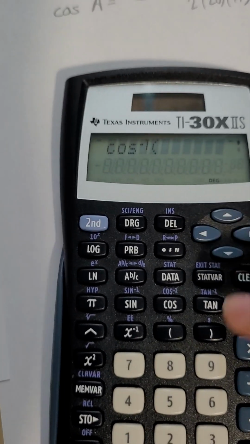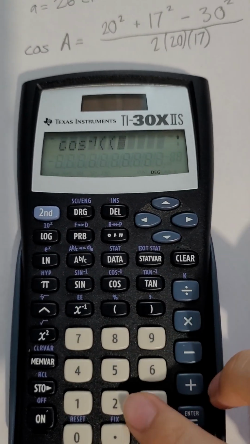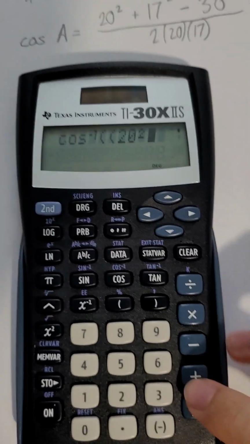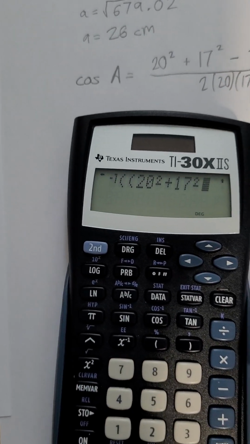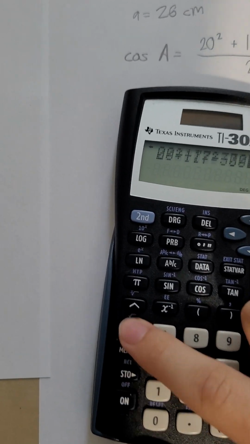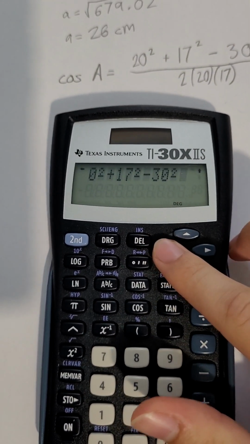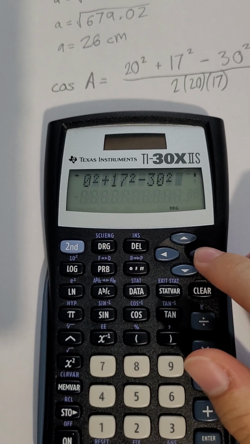And then over here, we would do another set of brackets. And we would go, 20 squared, and then plus 17 squared minus 30 squared. Okay? So here we have 20 squared plus 17 squared minus 30 squared.